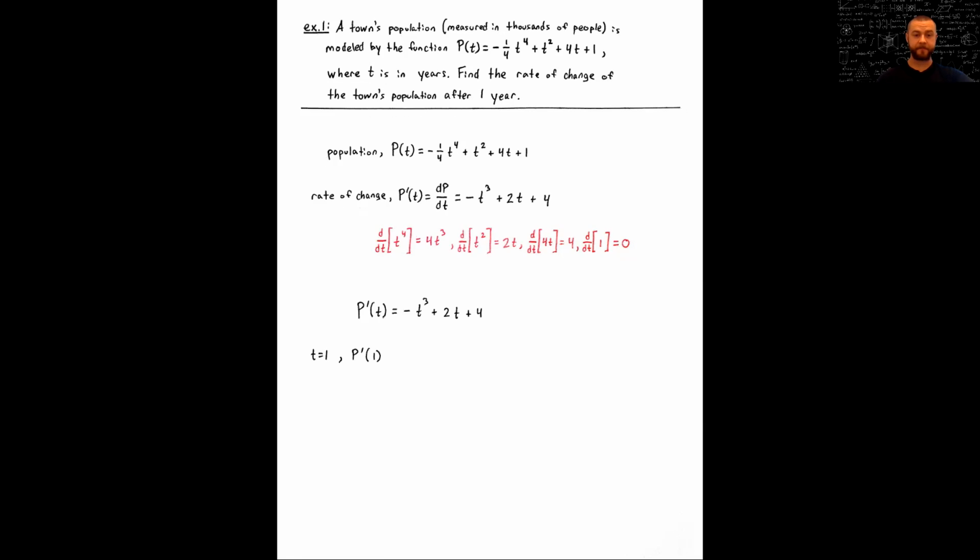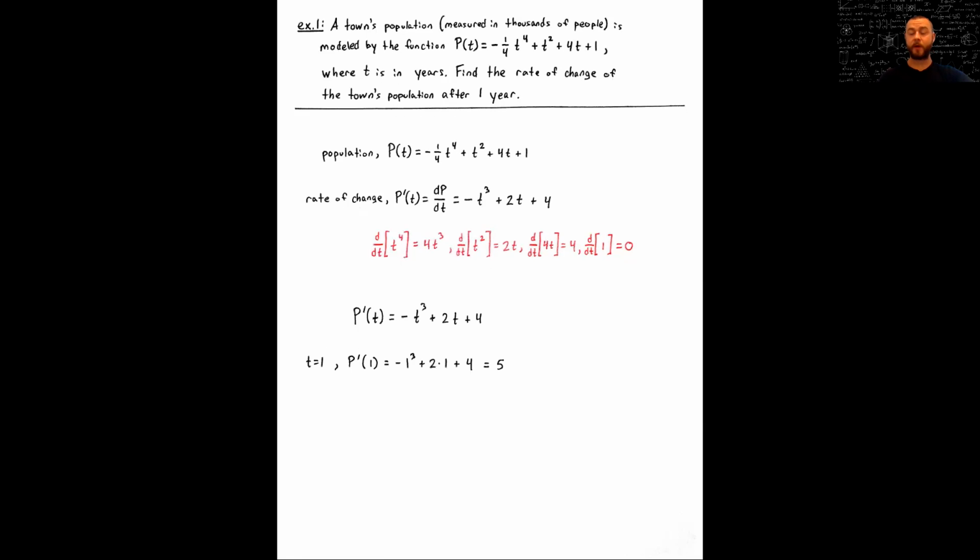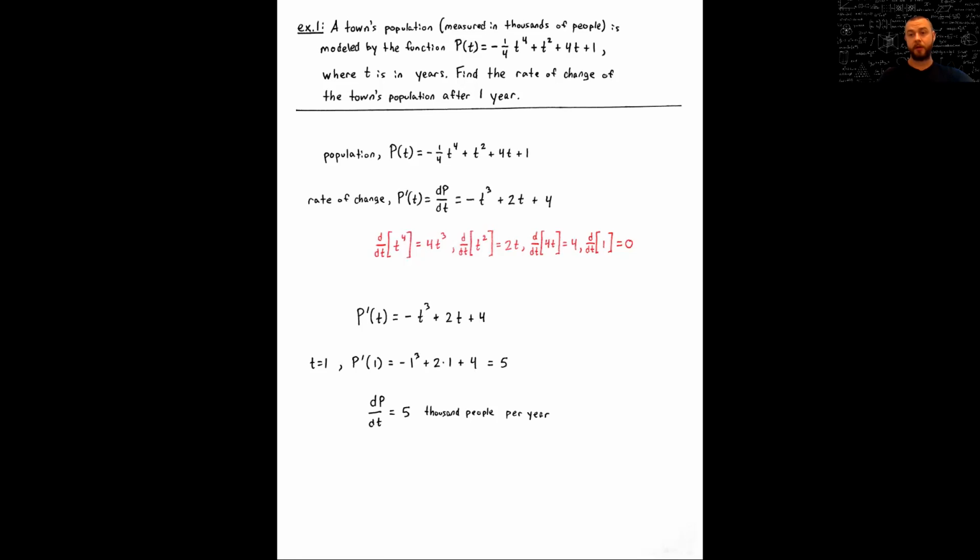And if we do that, we should get an output value for that rate of change as 5. Now just make sure you're comfortable with what the units for this would be. Recall the units for population were thousands of people.